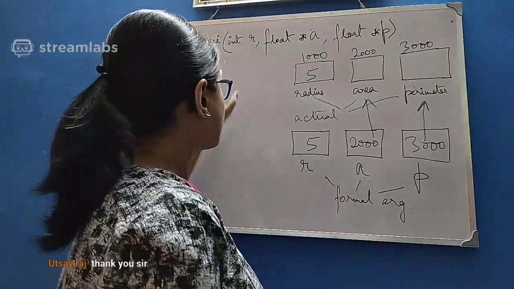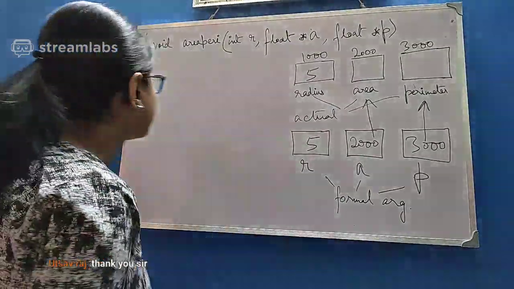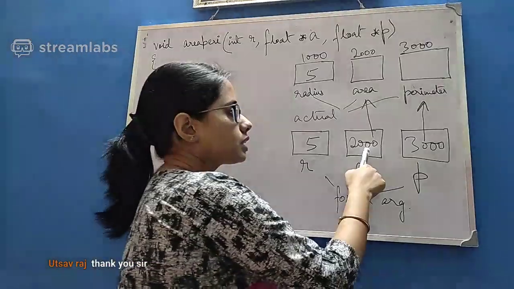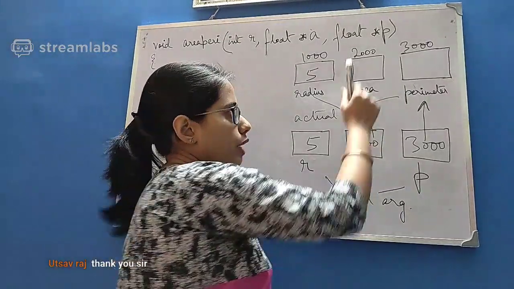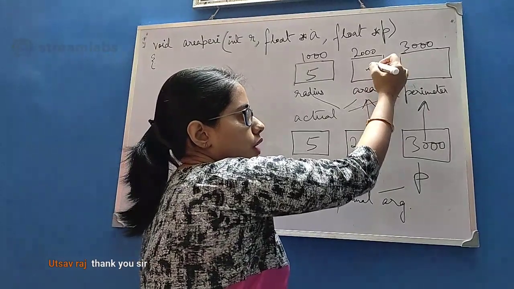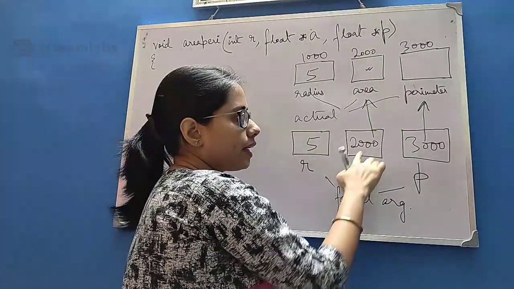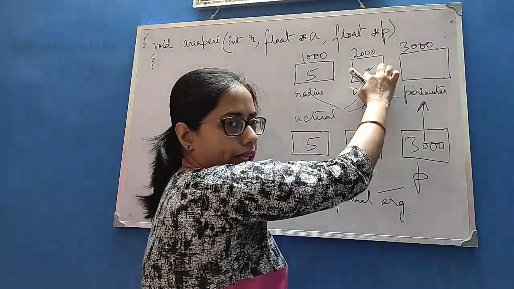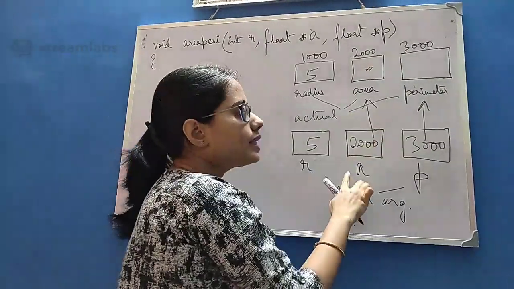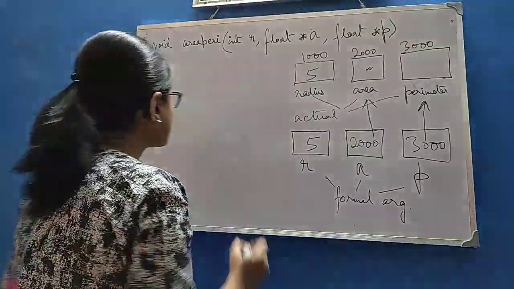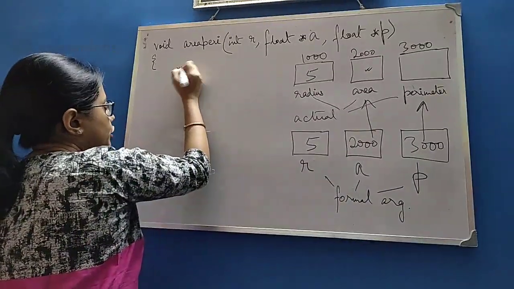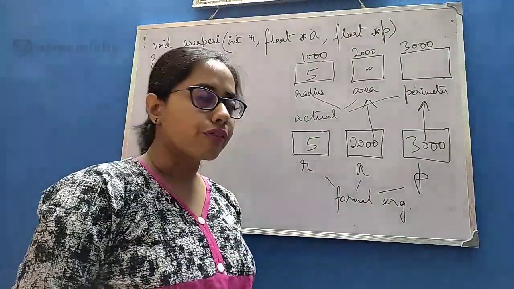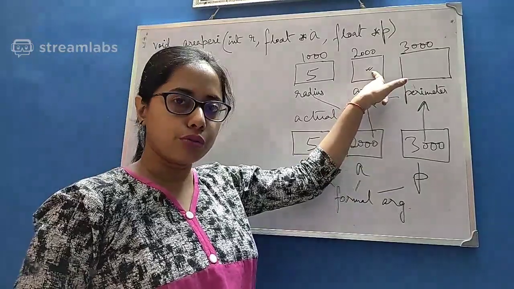So what should be the statements inside? So I have to calculate area. So I must access this. So how do I get in this box? A contains 2000. 2000 means this box. So if I want to enter the 2000 box, I must write star of A. So the area that I wish to calculate should be stored in star of A. That means inside the box 2000.